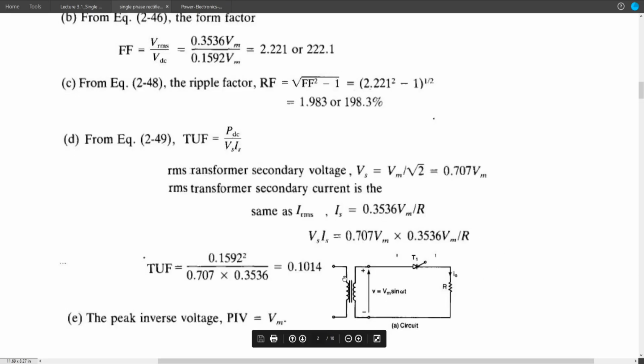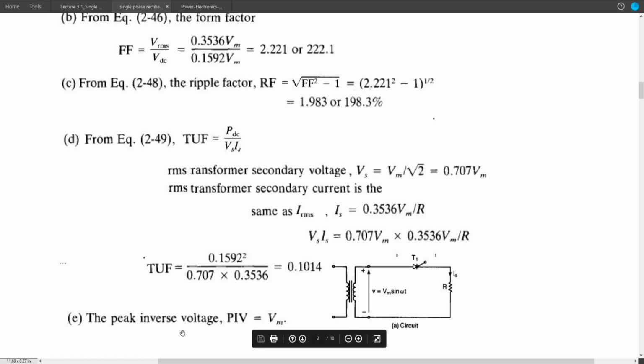So again, the transformer secondary voltage and current will be VSIS. If we put these values in this equation, we will have the transformer utilization factor.